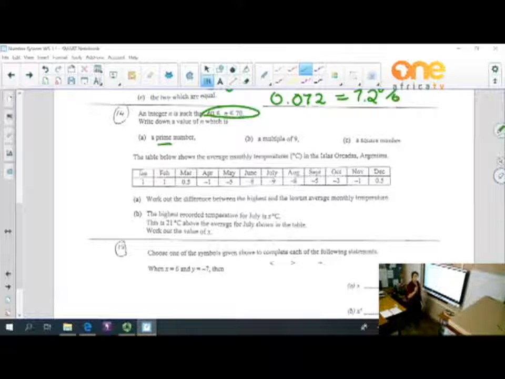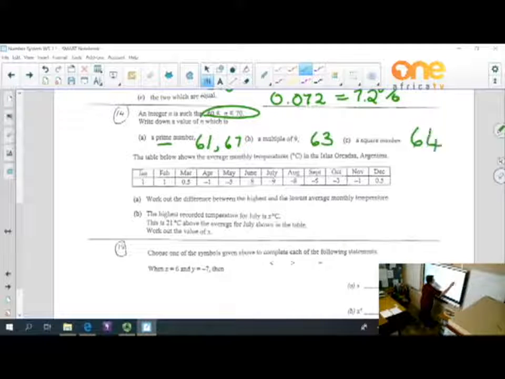So there's only 2 factors, the number 1 and the number itself. And you'll have to test them there. So it is 61. It will be odd numbers because 2 is the only even one. So you test the odd numbers, and the next one is 67. A multiple of 9, we know that's 63. And what square number do we have there? 64.